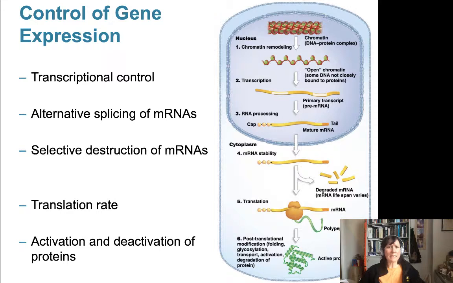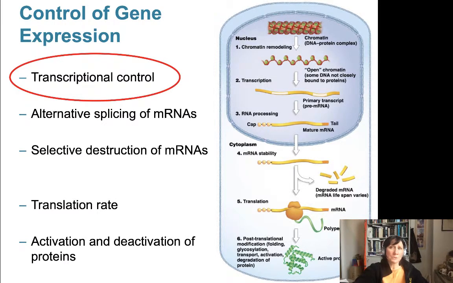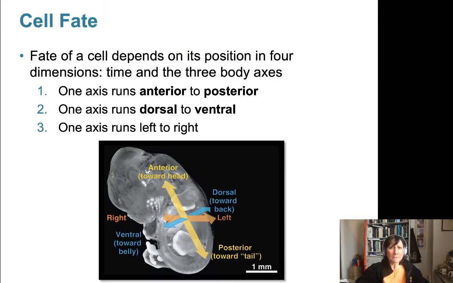You can change the rate of translation. And then the activation or deactivation of certain proteins will control expression of genes. So the most important of these to development is transcriptional control by a long shot. It's not to say that these other processes aren't involved, but transcriptional control is far and away the most important in development, and particularly in early development.